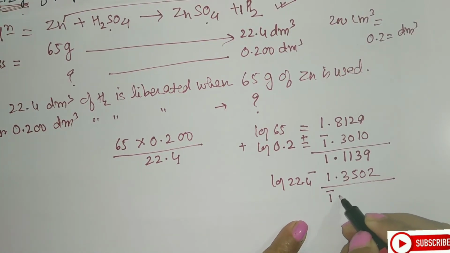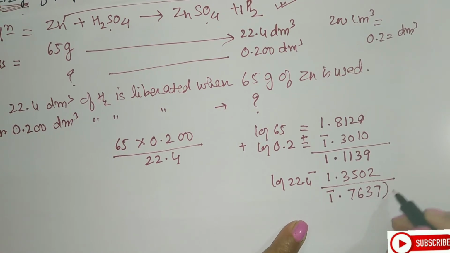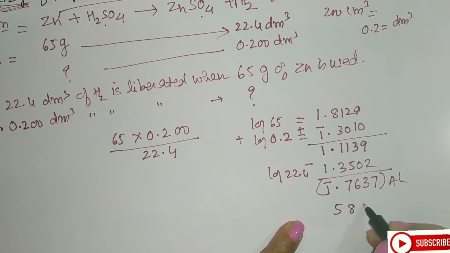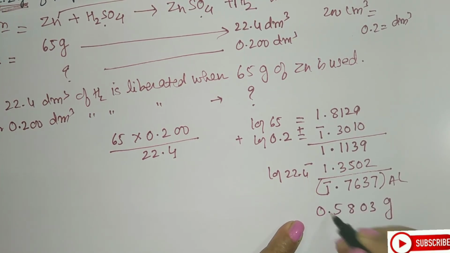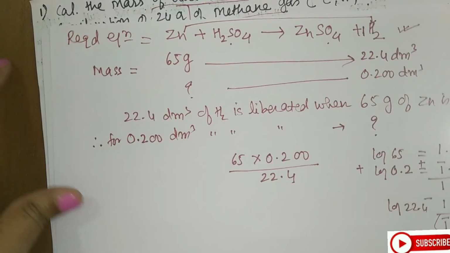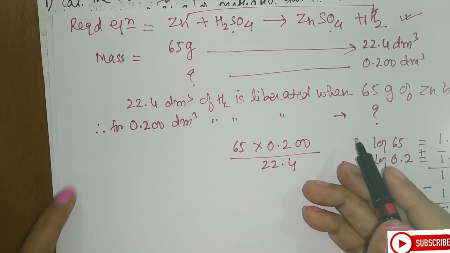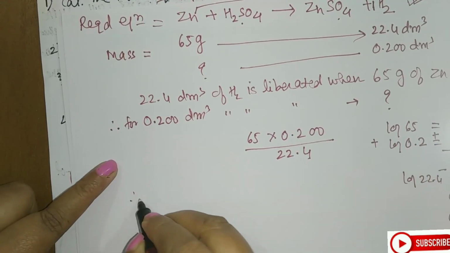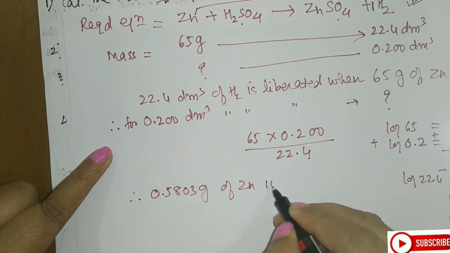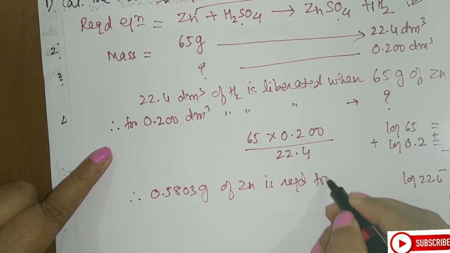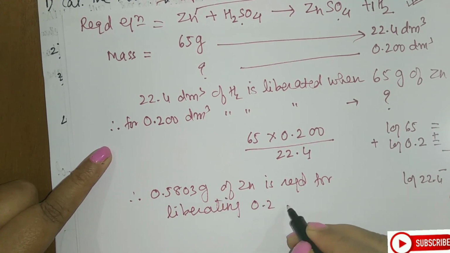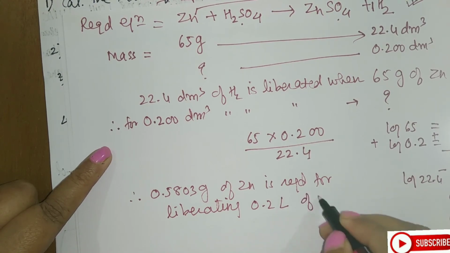This will come to bar 1.7637 and the anti-log will come to 0.5803 gram. So that many gram of zinc is required if you want 0.2 dm cube of hydrogen to be liberated. Therefore, 0.5803 gram of zinc is required for liberating 0.2 liter or dm cube of hydrogen.